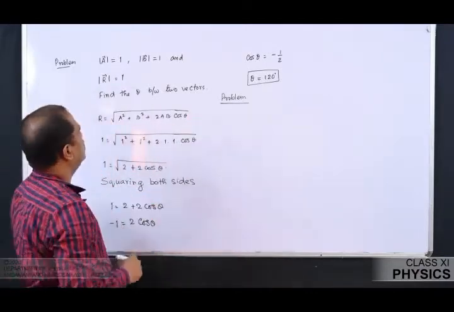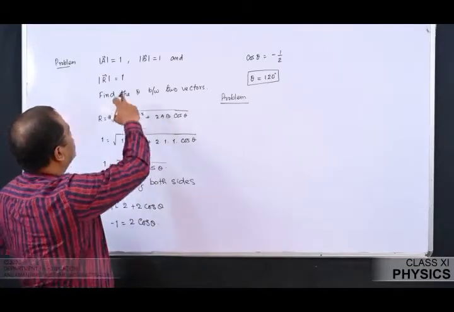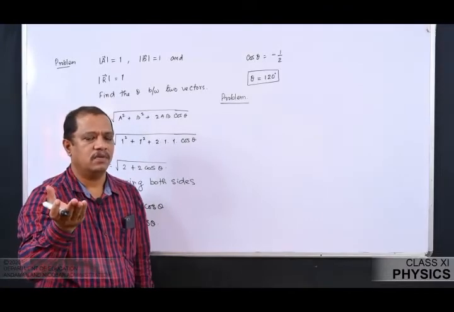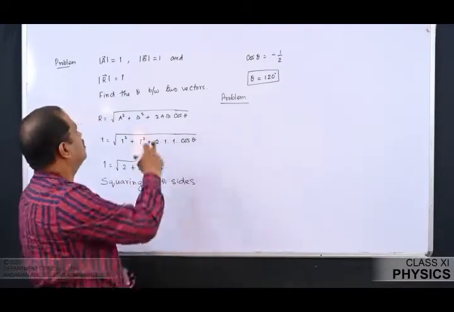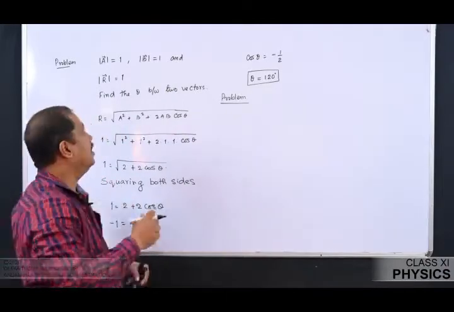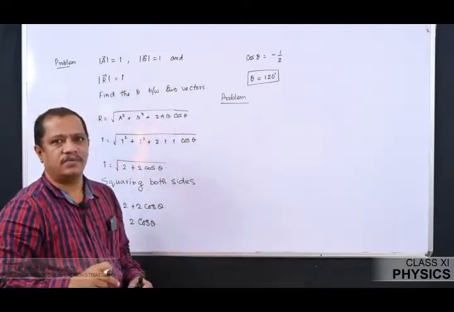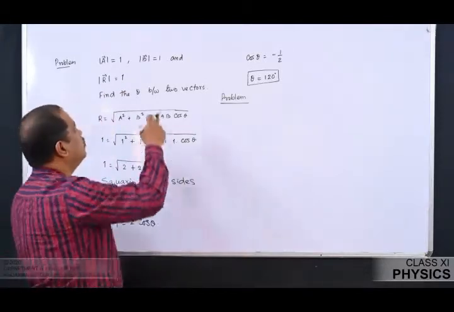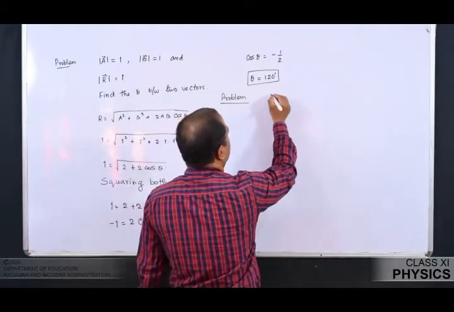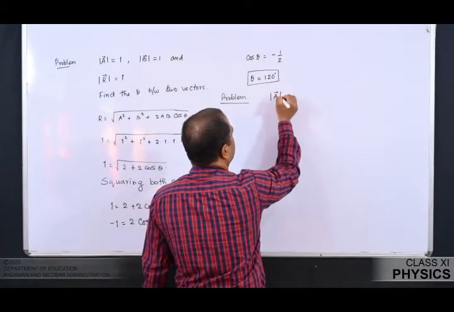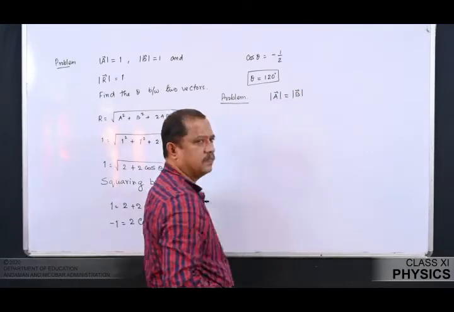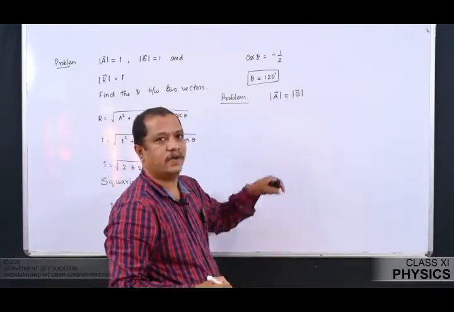Now let us assume the next problem. I have two vectors a and b, both of equal magnitude. This time the magnitudes are not 1. They have equal magnitudes, and the resultant vector also has a magnitude equal to the magnitude of a or b. The two vectors have equal magnitudes, and I am finding their sum.